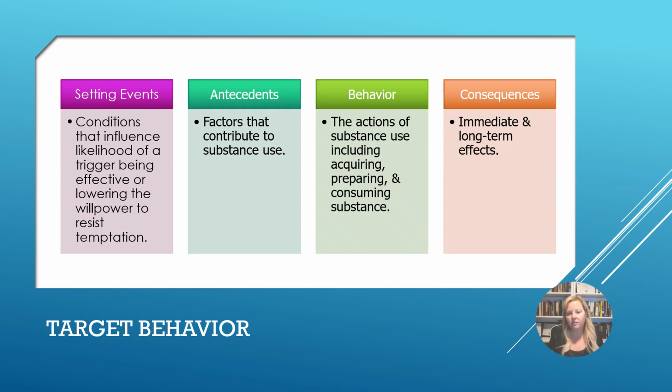Then we'll look at the behaviors. These are all of the actions of substance abuse, including acquiring, preparing, and consuming the substance. And finally, we'll look at the immediate and long-term effects, including social effects, academic or occupational effects, physical effects. We'll be looking at the whole scope of the consequences.